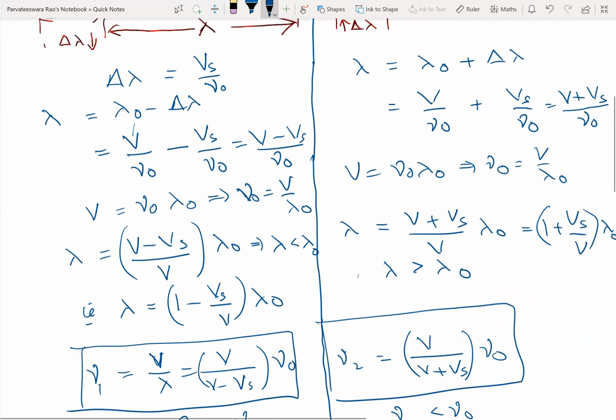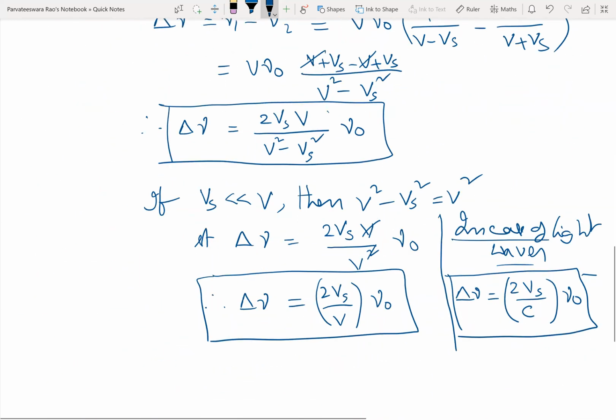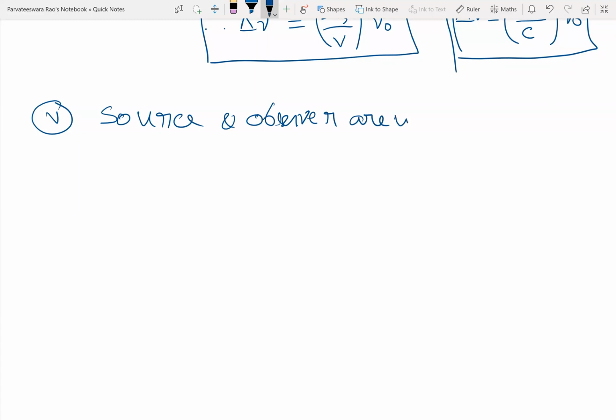Now the last case in this, the fifth: source and observer are in motion.